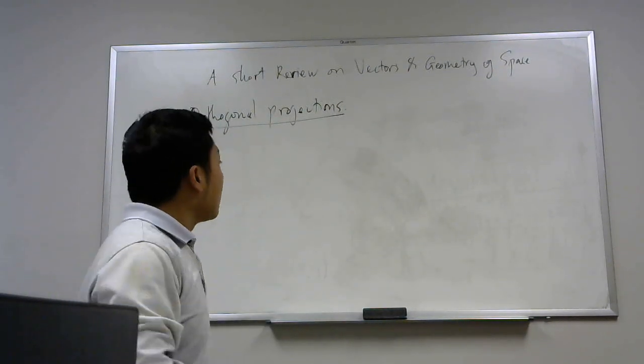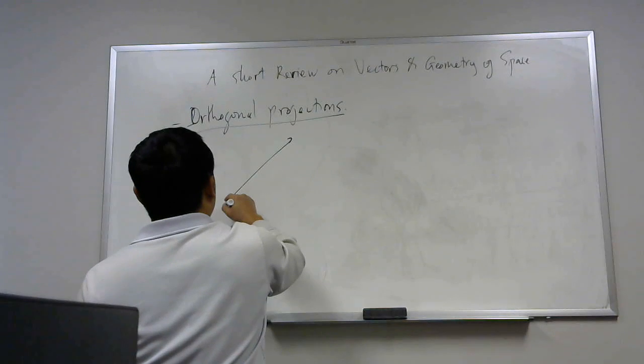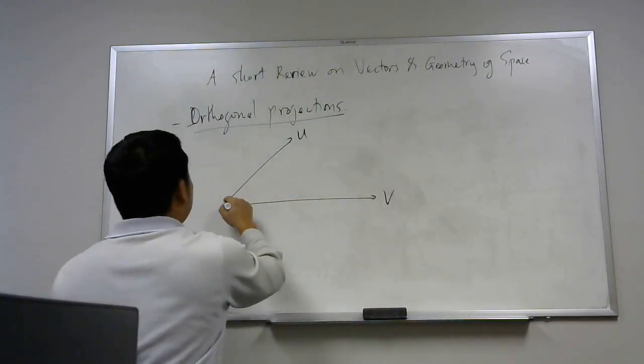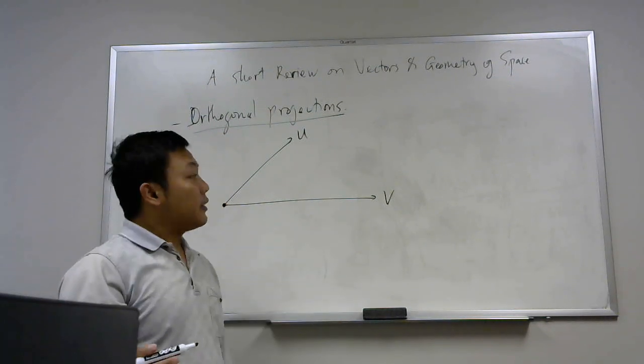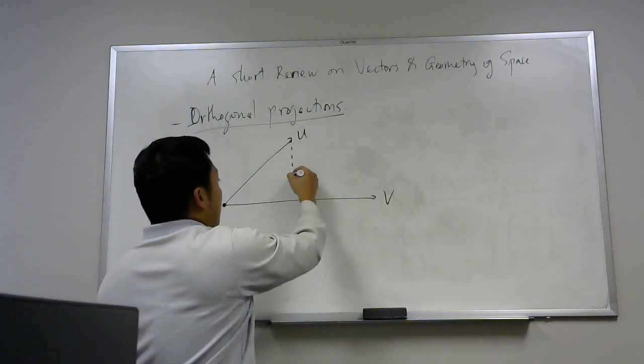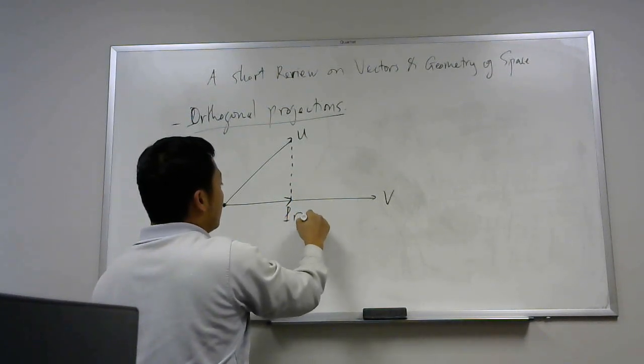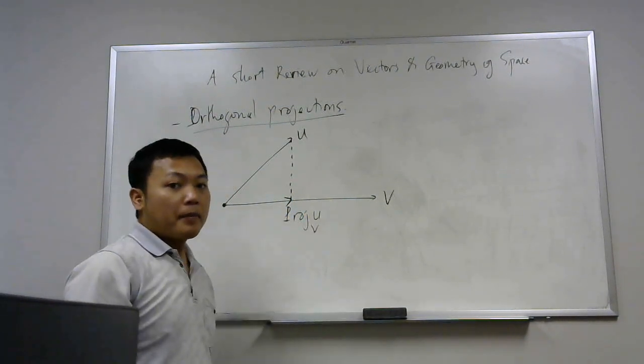So what's that? Suppose you have one vector in here, that is u, and you have another vector that is v, and you want to find the orthogonal projection of u onto v. So this is the projection of u onto v, right?